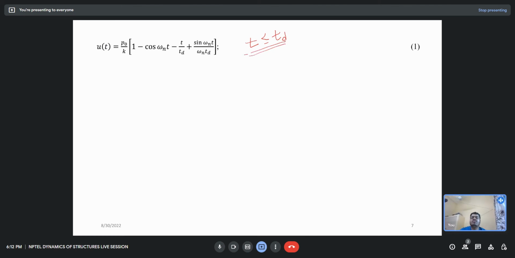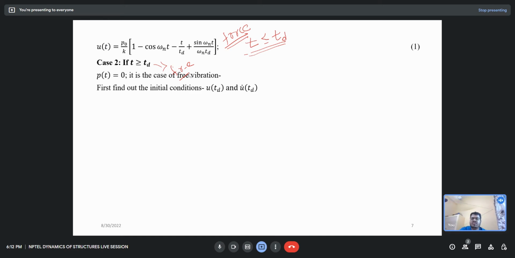Now I have to find the response when t is greater than td. So this is the case of free vibration. That was the case for the forced vibration. Now this is the case for the free vibration. In this case, p of tau is 0, p of t is 0.